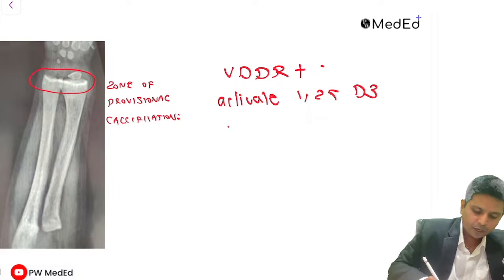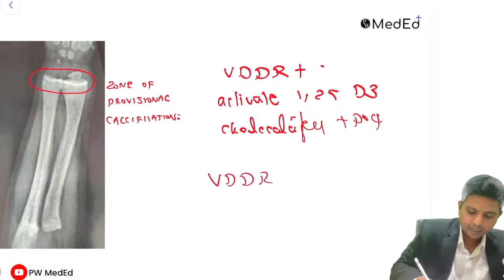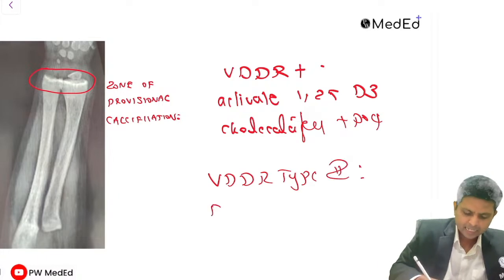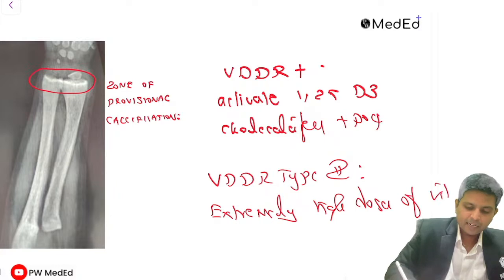1,25 D3, that is you need to give your cholecalciferol along with phosphorus. Whereas in VDDR type 2, it is resistant, so even extremely high doses of vitamin D3 won't work.